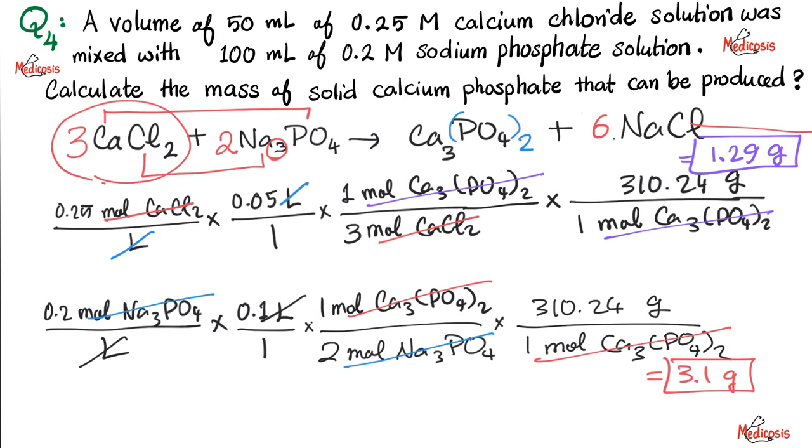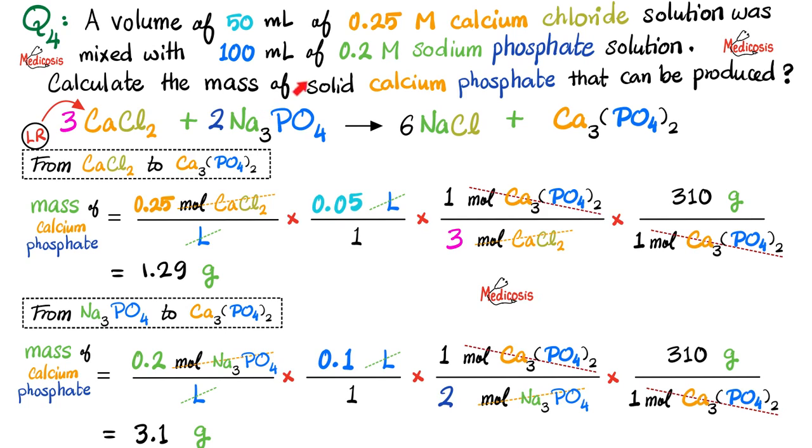So the actual answer for this is 1.29 grams of calcium phosphate. And this is what will be produced. And this is my final answer. Here is the same answer in more color. You start with the first reactant and aim at the product that they want, which is calcium phosphate, and you find your answer.